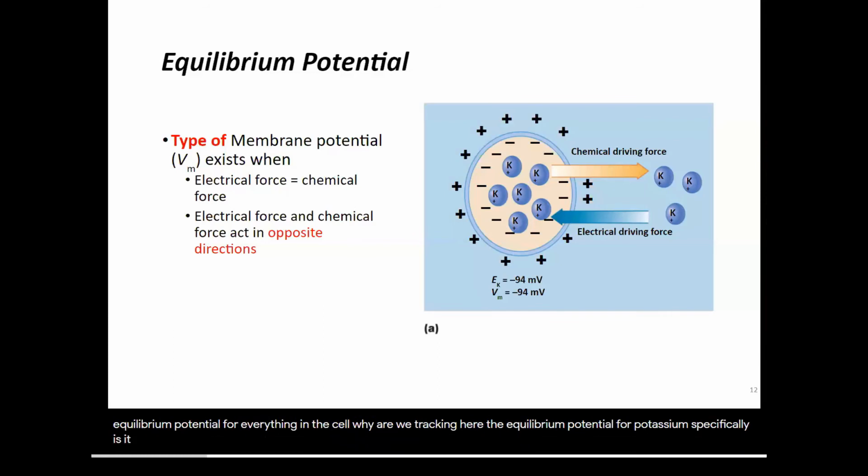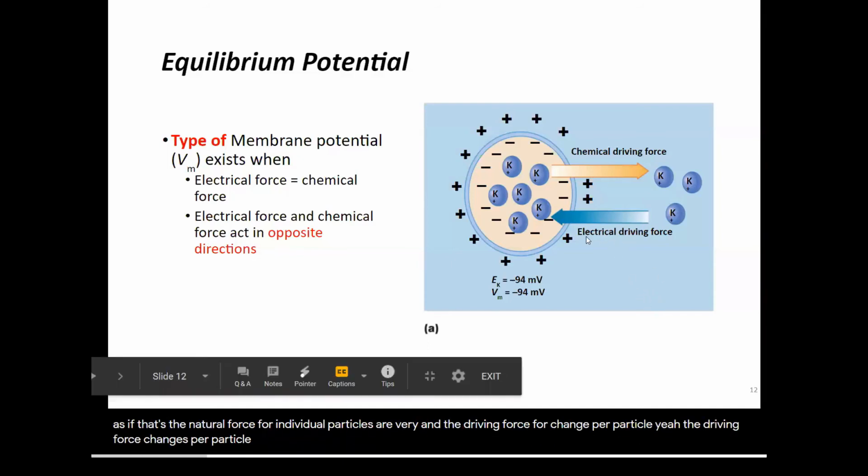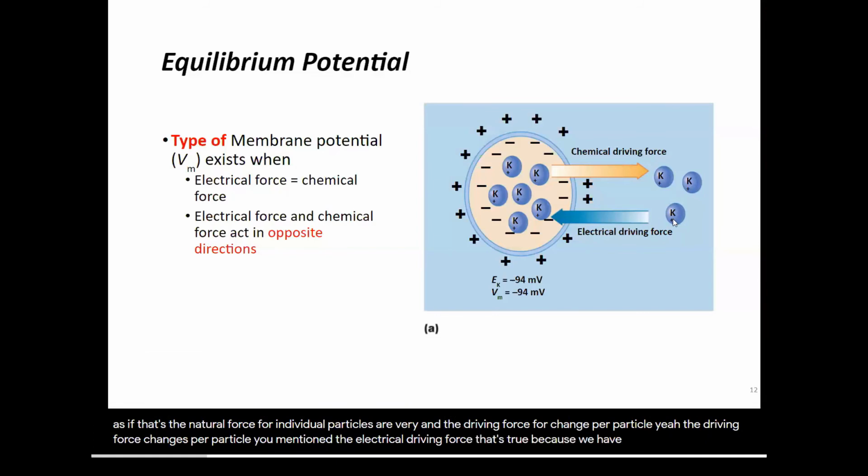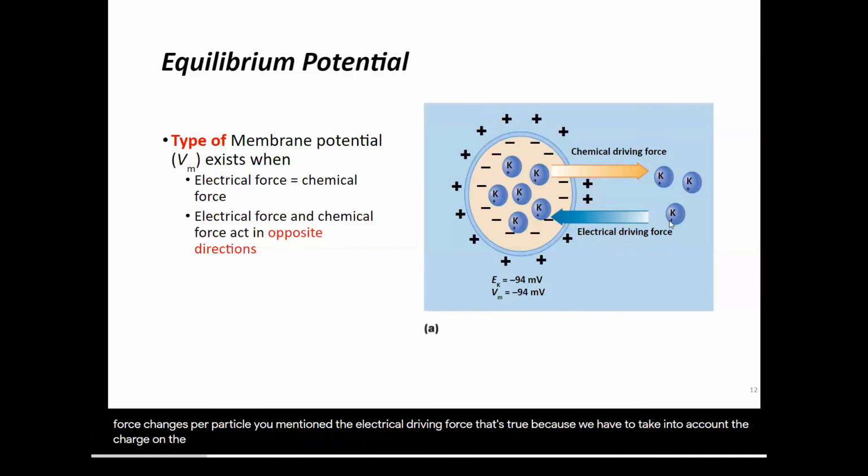Is it that the electrical force for individual particles vary and the driving force would change per particle? Yeah, the driving force changes per particle. You mentioned the electrical driving force. That's true because we have to take into account the charge on the particle.